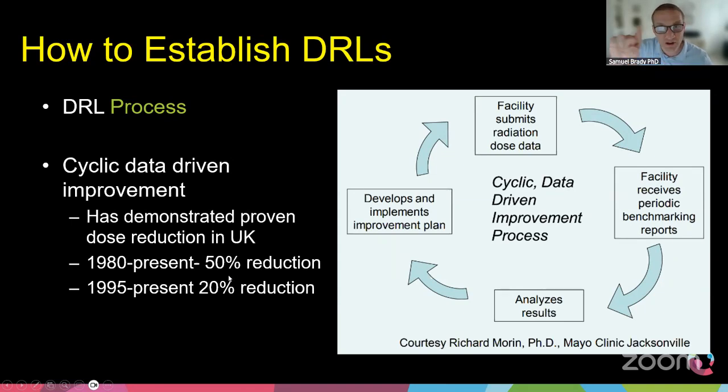But then as the cycle kept spinning and spinning, they realized a little over 15 years later, they had still brought the dose down even 20% more. And so we see this process as an opportunity to slowly but consistently hone in and identify what really is diagnostically necessary for our imaging tasks.